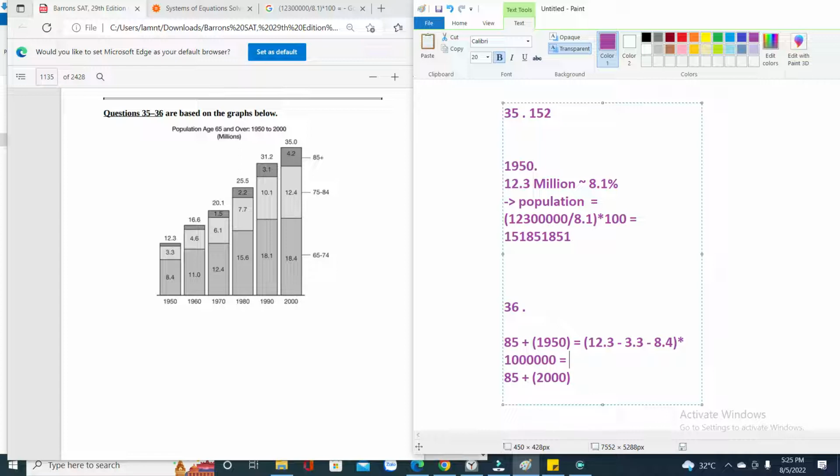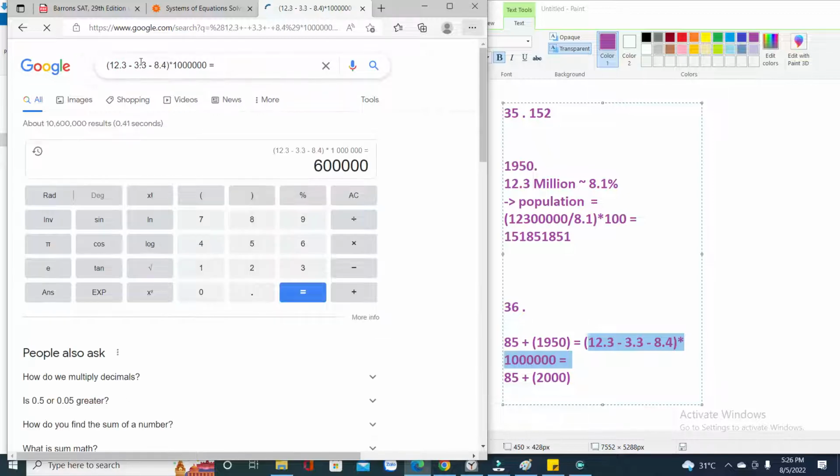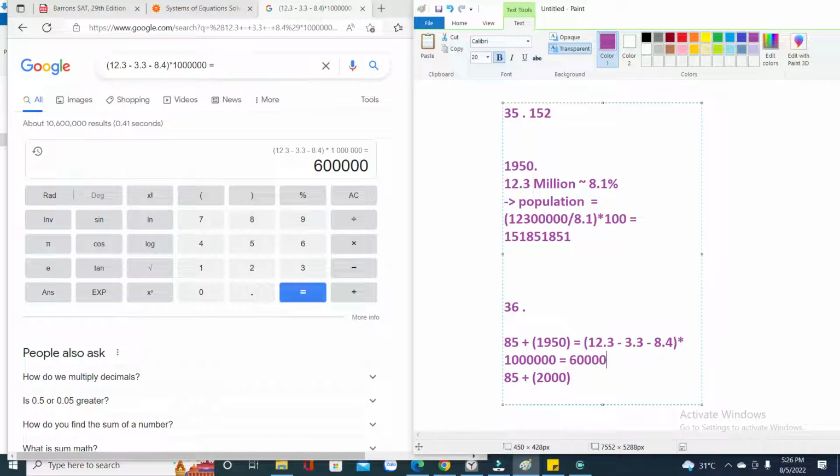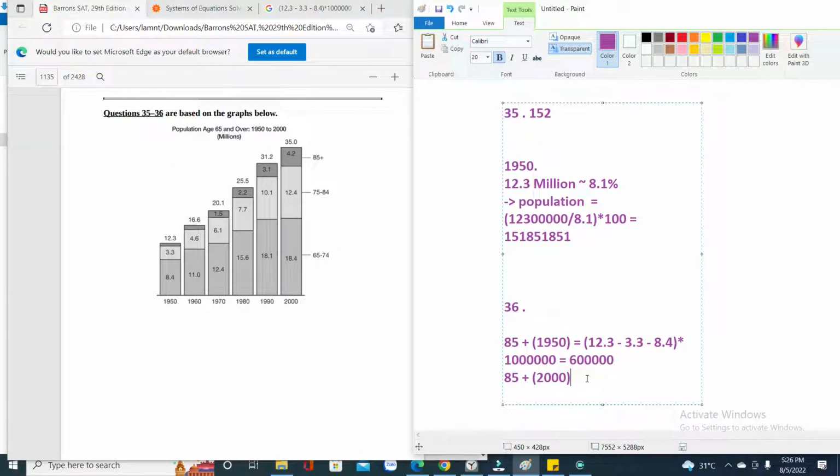So that's going to equate to 600,000. And in 2000, they actually gave us this 4.2, 4,200,000.